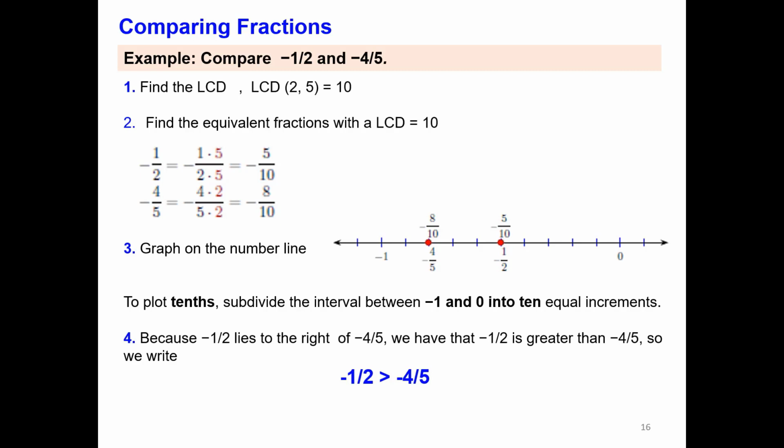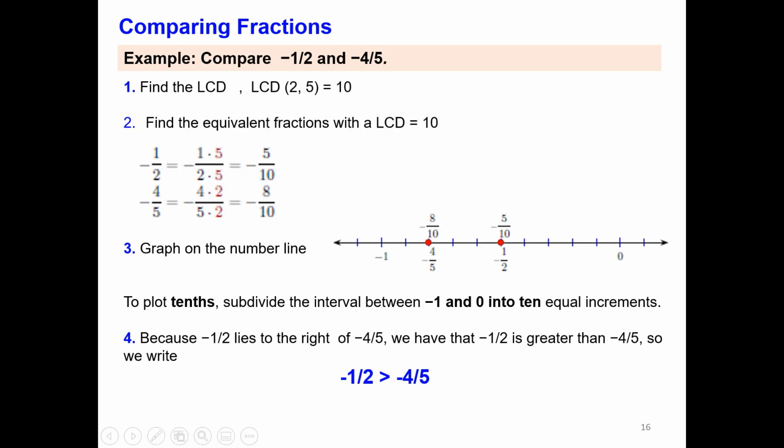The LCD of 2 and 5 is 10. To find the equivalent fractions, we need to multiply. In the first case, for this fraction, we need to multiply 2 by 5, and we do the same on top. We multiply by 5. Finally, we have negative 5 over 10. So negative 1/2 is the same as negative 5 over 10.